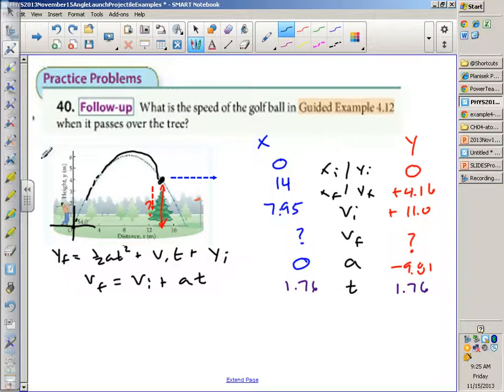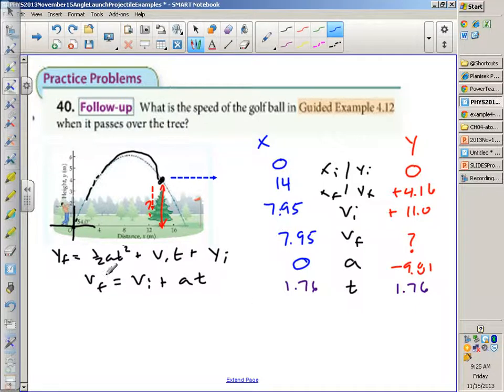And if the velocity is constant, if we know the initial velocity, guess what the final velocity has to be? The same, right? So we can take this without doing any calculations at all and make this also 7.95. Is it 7.95? 7.59? Okay. Thought it was. I just started doubting myself.